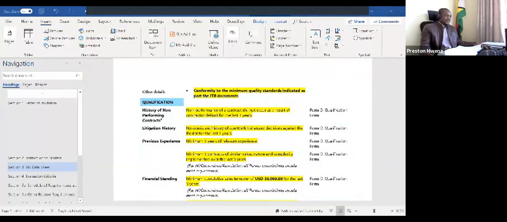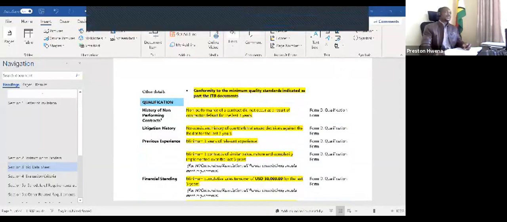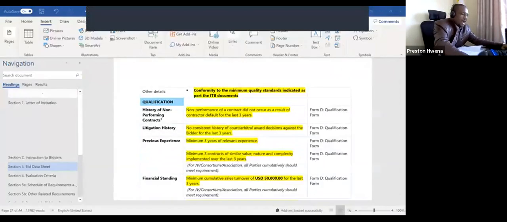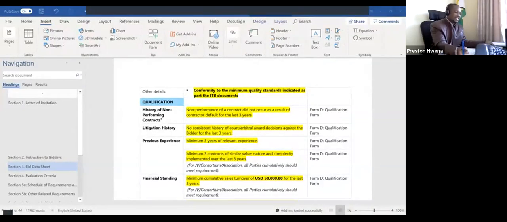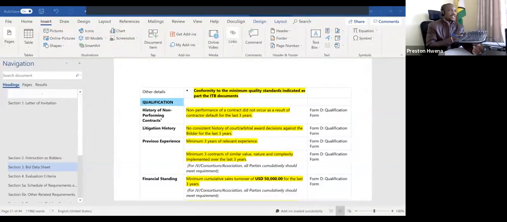I think we have seen in our newspapers, when it comes to procurement issues, where you see a company, let's talk of a building contractor, one of the common business building contractors, say Rio de Oro Construction Company or Masimba Construction.